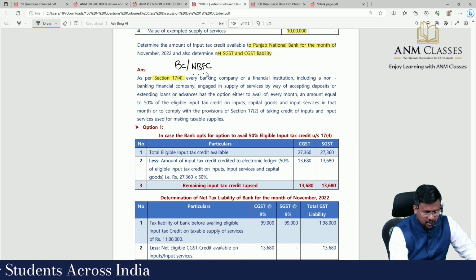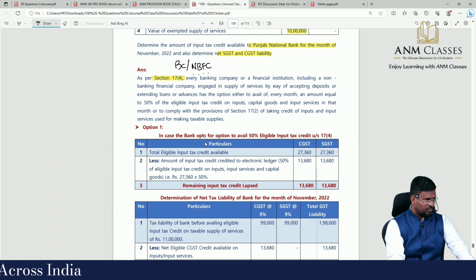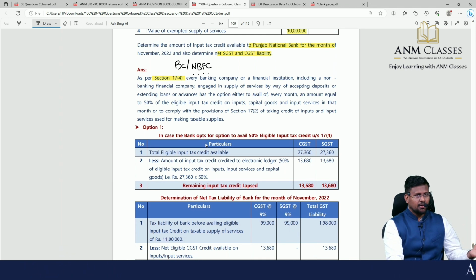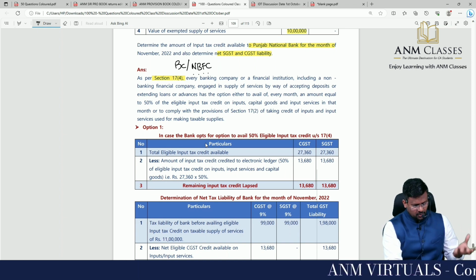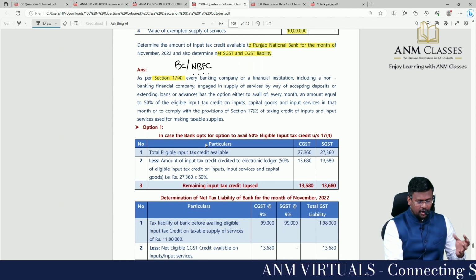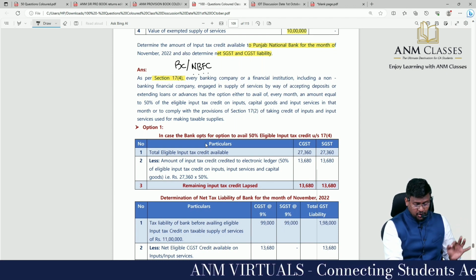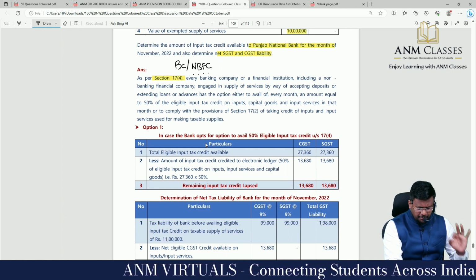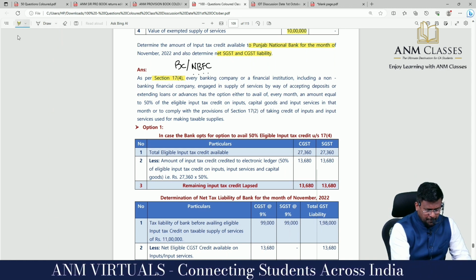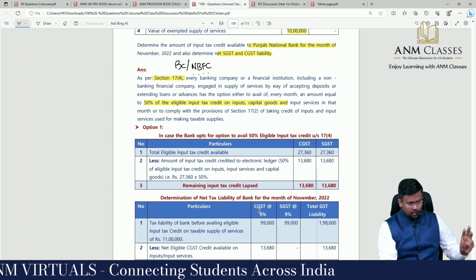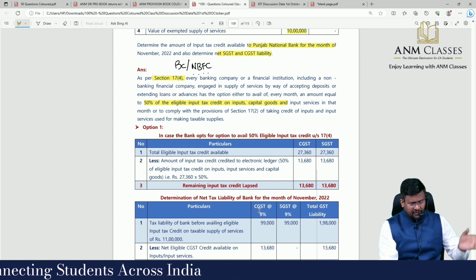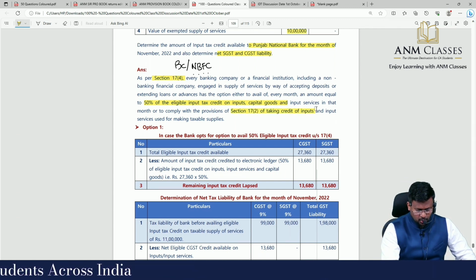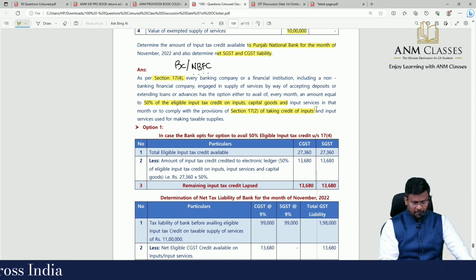Every banking company or financial institution, including an NBFC, engaged in supply of service by way of accepting deposit or extending loans or advances, has the option either to avail every month an amount equal to 50% of the eligible ITC on input, capital goods and input service in that month, or to comply with the provisions of 17 subsection 2 of taking credit of input and input service used for making taxable supply.